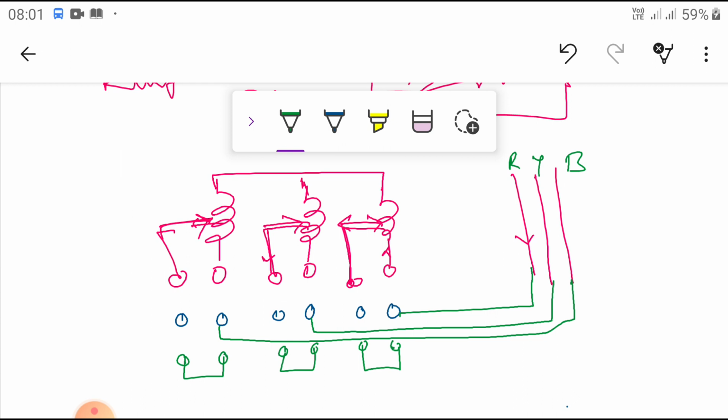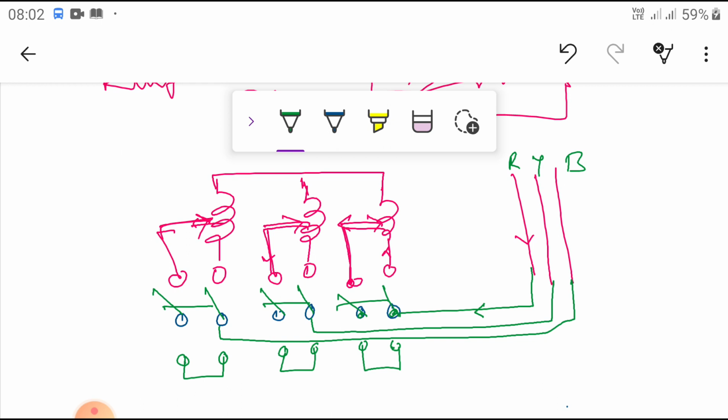Then it has some mechanism provided here. Now the input supply is given here. It is going to here. Only the switch is in open condition.